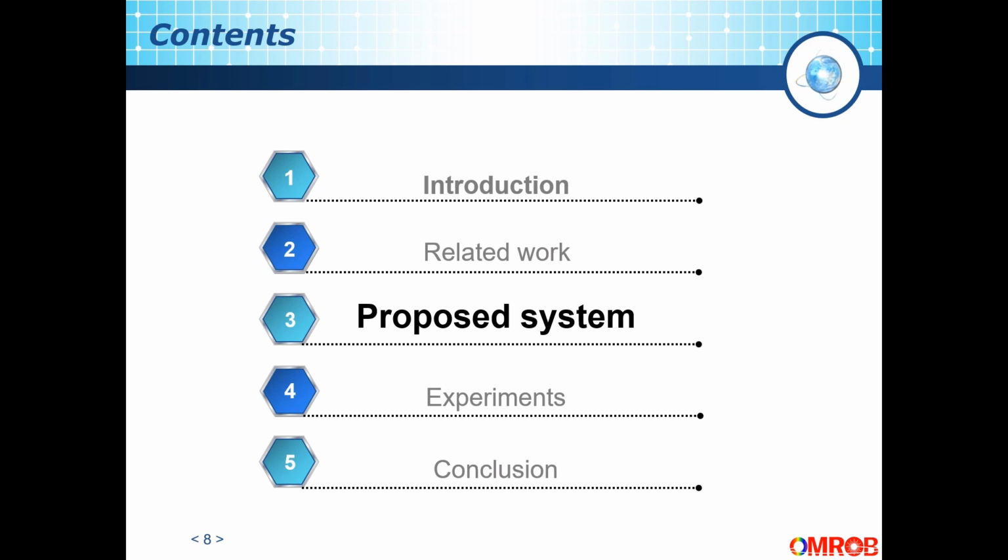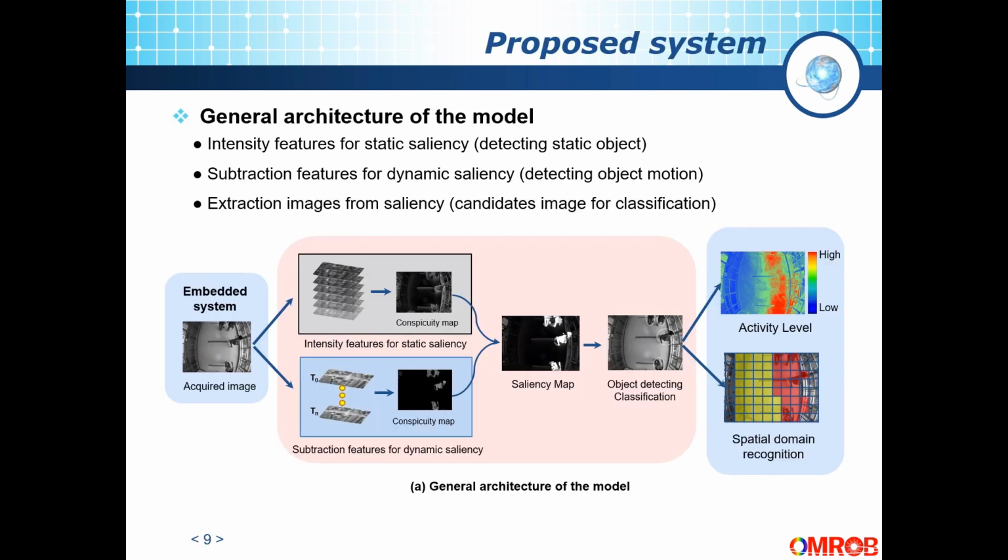Moving on to the proposed system. I would like to elaborate on the general architecture of the model. We propose a model for human detection consisting of several steps. Firstly, in order to make the saliency map from the acquired image, we use the combined results of the intensity feature and image subtraction.